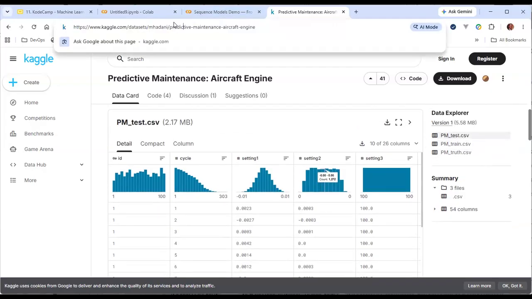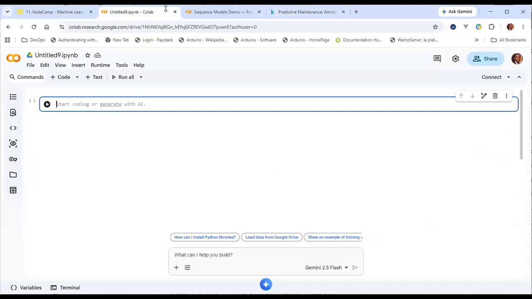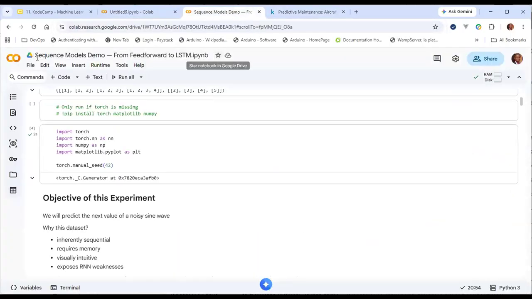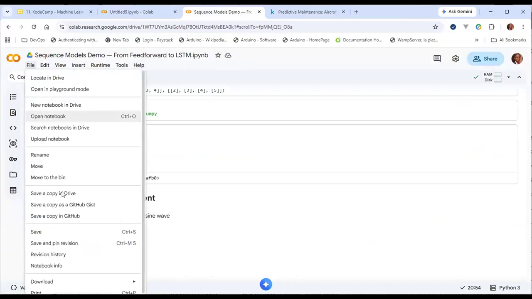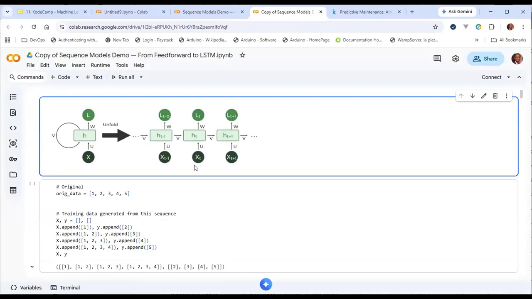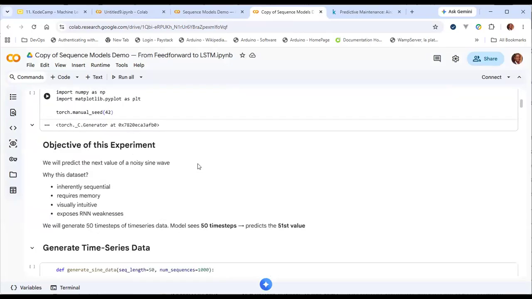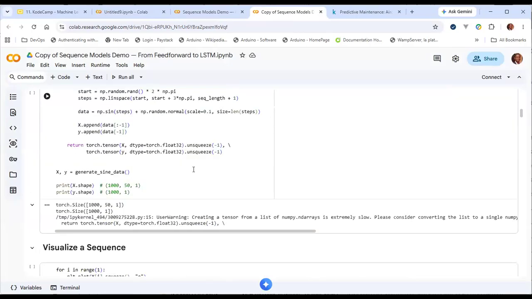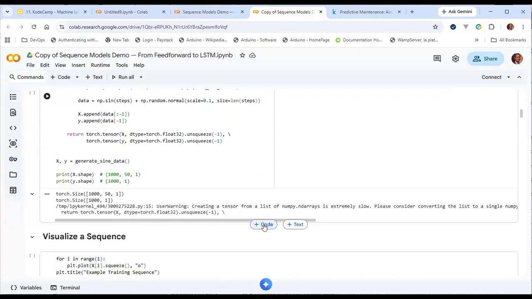So let's go with this one. There are different variations of it, which we can use. I think this will be a much better example to differentiate those three than if we just used this simplified sine wave thing. So let's do that.